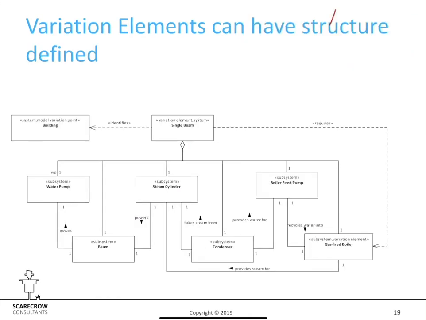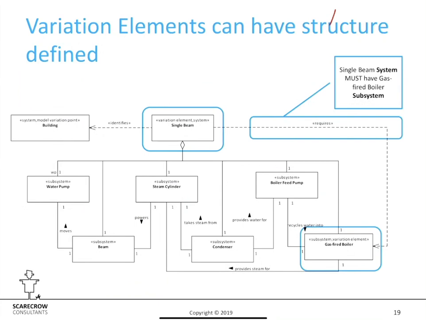They can have their own structure, and that structure has to honour those requires links. Where part of my system has to be in something else that can vary, but we don't care what particular variant it has to be, so in this case, the single beam has to be in a building, but we don't care what kind of building, at this point, we stick with a variation point.